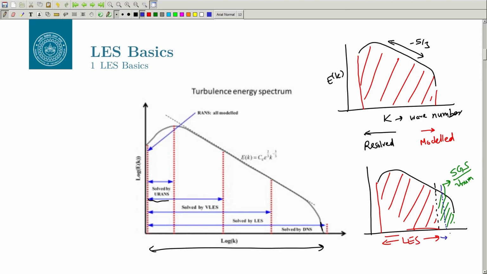So this part is now also part of your resolved eddies. So the kinetic energy which is resolved divided by the kinetic energy which is modeled is different as you refine your grid. You get more and more scales resolved as you refine the grid, unlike in RANS, where all the turbulence scales are modeled and only the mean flow is solved. So it is very difficult to quantify turbulence quantities that are consistent as you refine the grid.